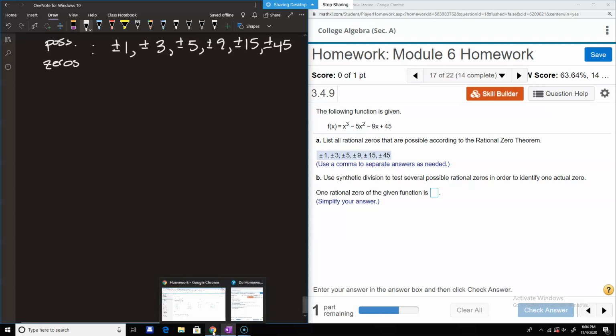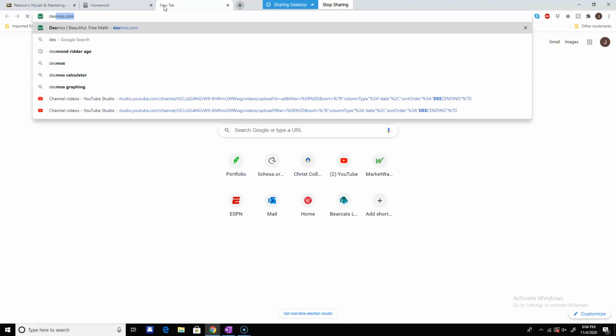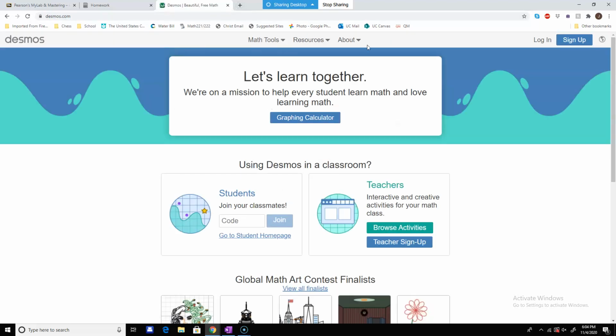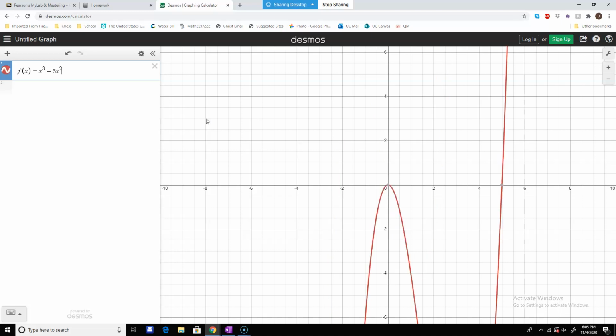So how could we cheat? We could cheat by, say, graphing it, right? So if we want to just find the answers right away, we can just graph f of x. So Desmos.com, great graphing utility. What was it? x cubed minus 5x squared minus 9x plus 45.